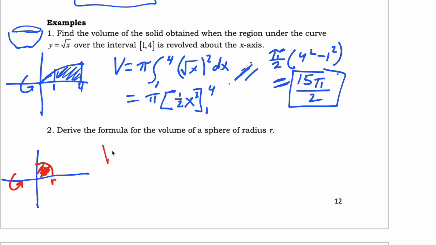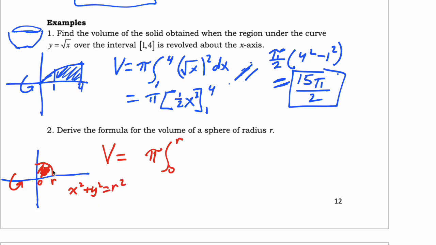then our volume for the sphere generated when you rotate around the x-axis is pi times the integral from 0 to r, and you need to know the formula for a circle. x squared plus y squared equals r squared is the graph of a circle.